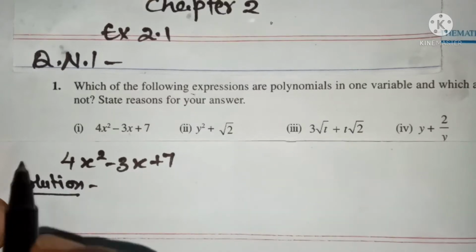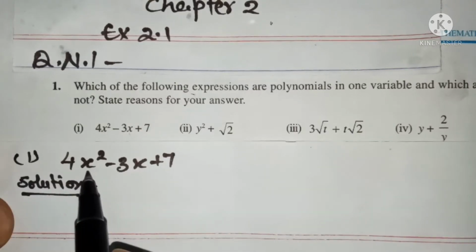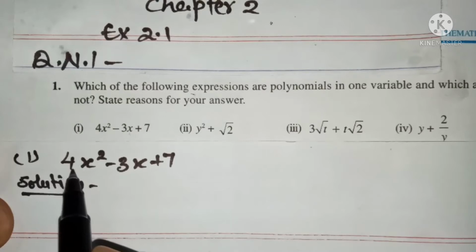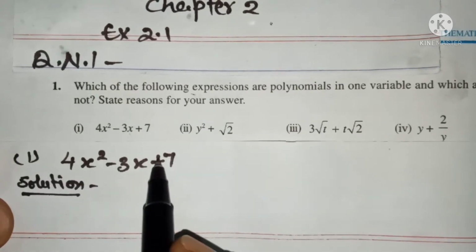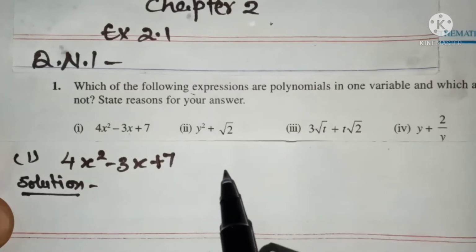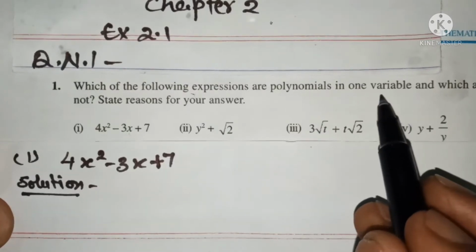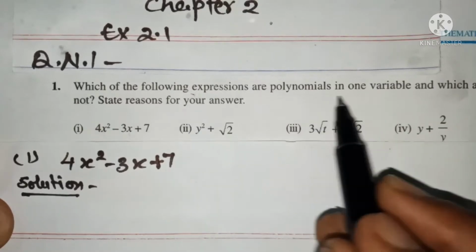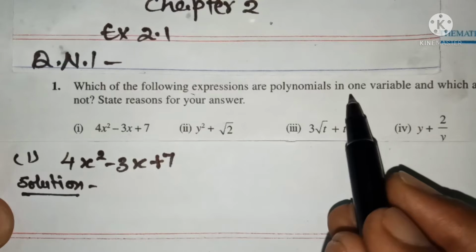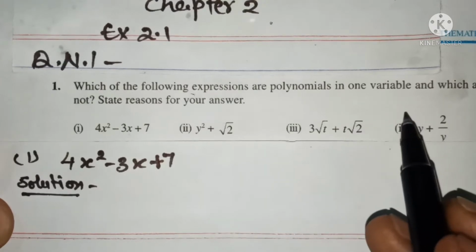Suppose we have taken this first part, we have to find whether 4x square minus 3x plus 7 is a polynomial. And the second part of this question is which of them are a polynomial in one variable.